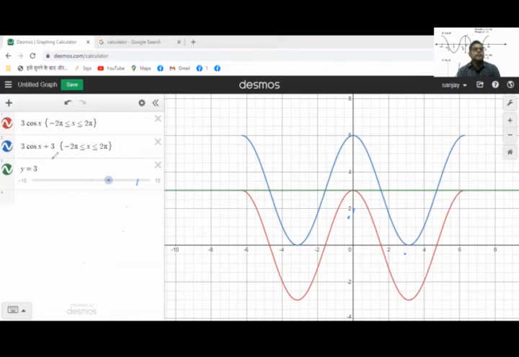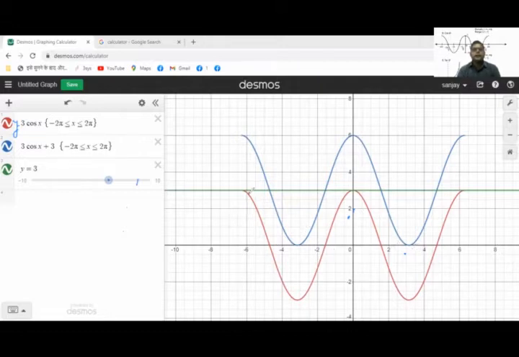Now here you can see that I have added 3 to y equals 3 cos x. That means by the rule of transformation, that is translation, each and every point on this graph will move 3 steps up. Therefore, I am taking one reference line, y equals 3, to act as the x-axis here.